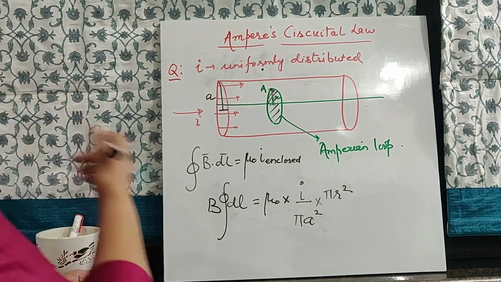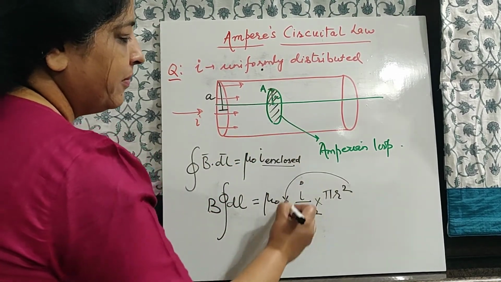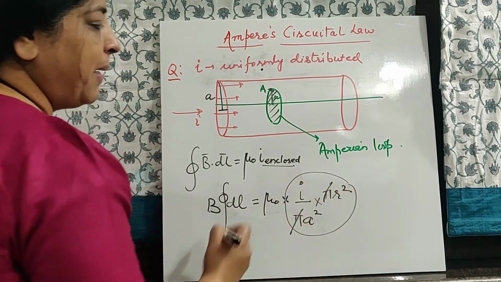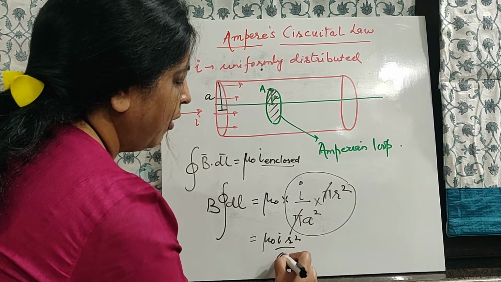Clear? So the current enclosed in this loop will be this much. Now pi cancels out with pi. So you have mu naught I R square upon A square.